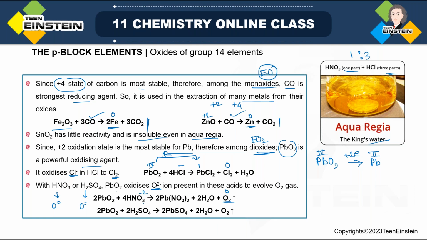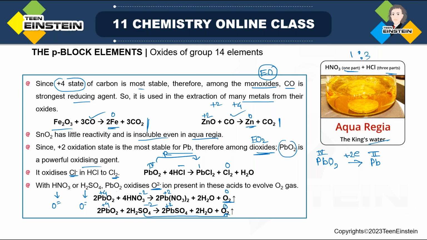So here it is -2, now it is 0. So it has lost electrons, and with respect to oxygen it is oxidation. But with respect to PbO2, here it is +4, and in lead sulfate and lead nitrate it is +2.